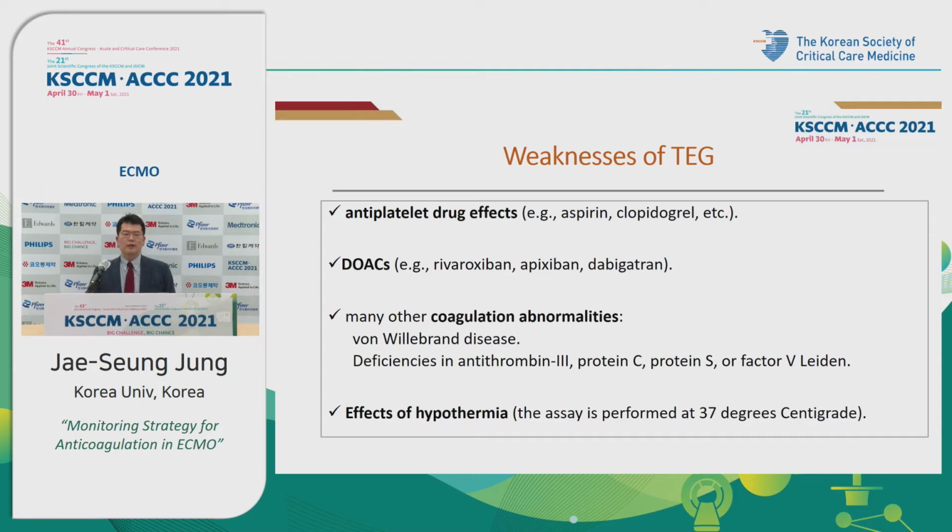The disadvantages of TEG: it cannot monitor the effect of antiplatelet drugs like aspirin and clopidogrel. Also, it is not possible to discern clotting disorders caused by other clotting diseases, such as von Willebrand disease, and antithrombin, protein C, protein S, or factor V Leiden deficiencies.